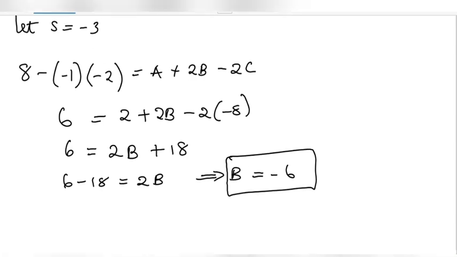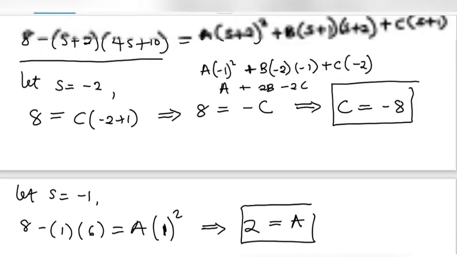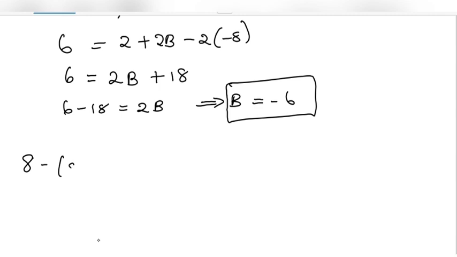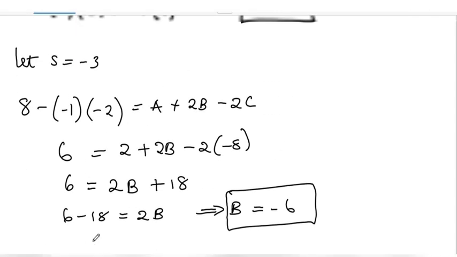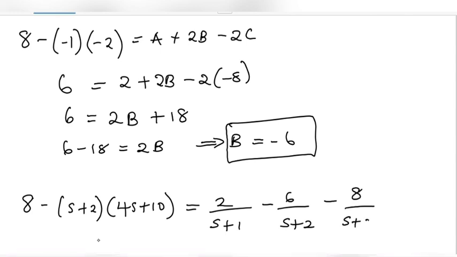All right, so we know what our B is, we know what our A is, and we know what everything is. That means our expression, 8 minus (s plus 2) into (4s plus 10) over (s plus 2) squared (s plus 1), is the same as 2 over (s plus 1) minus 6 over (s plus 2) minus 8 over (s plus 2) all squared.